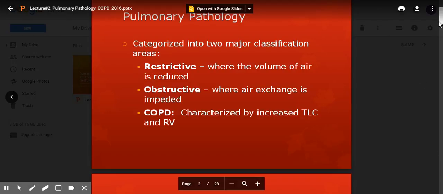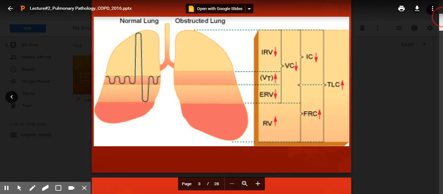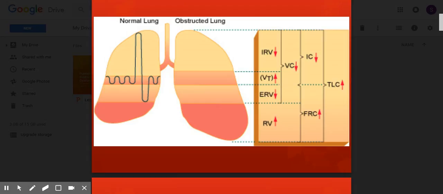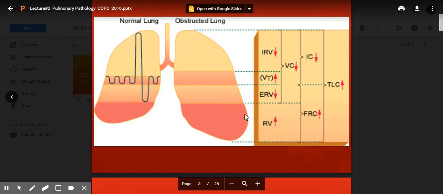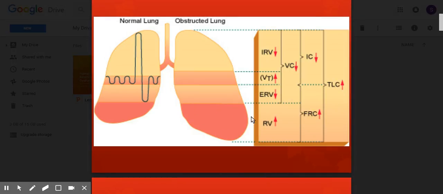Obviously, we looked at the diagram. We'll move to that diagram again. What happens to lung function with the hyperinflation is that you see a reduction in the O2 concentration because of all of this dead air space or residual volume in the lung.